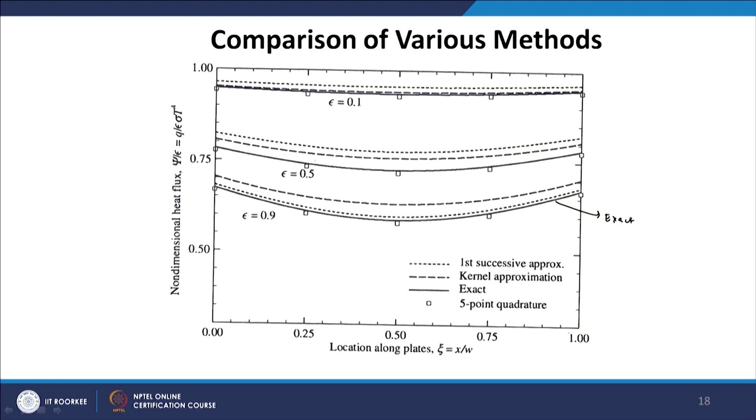On the other hand, the successive approximation method and the kernel approximation method are not that accurate. These two methods are quite involved mathematically, difficult to solve, and not in good agreement with the exact results. The quadrature, on the other hand, is a powerful technique that gives good results and is easy to solve on computers.